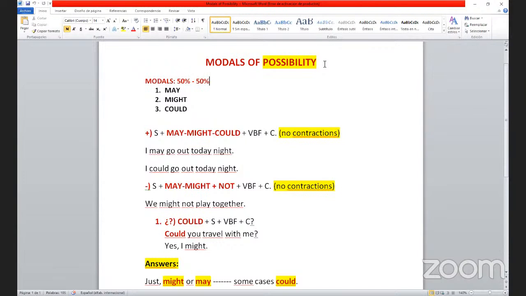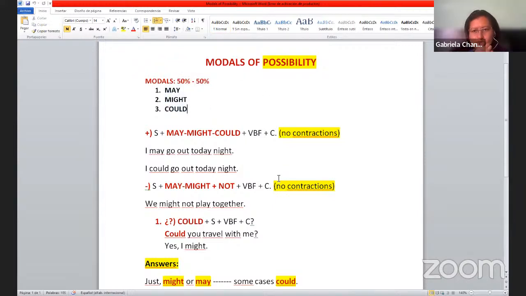So with be going to or maybe will. So if it's sure, if it is not 50-50, future. If it is something possible like 50-50, these three ones. Okay? Excellent. Perfect, Chris.